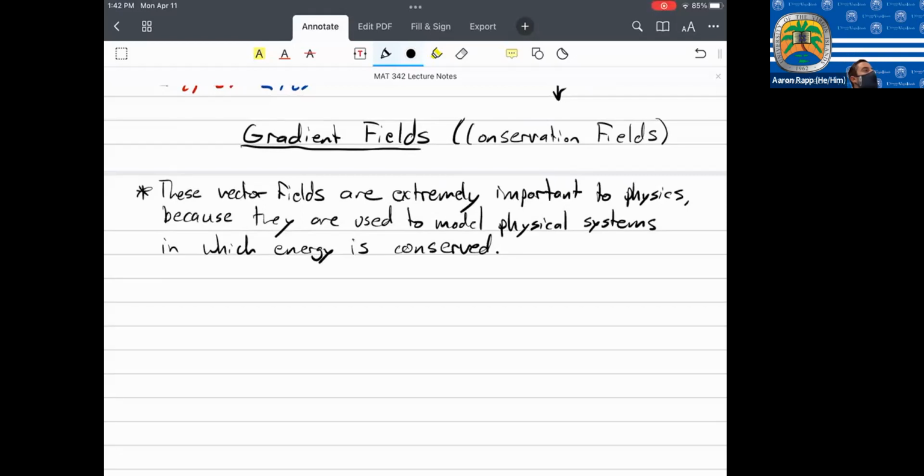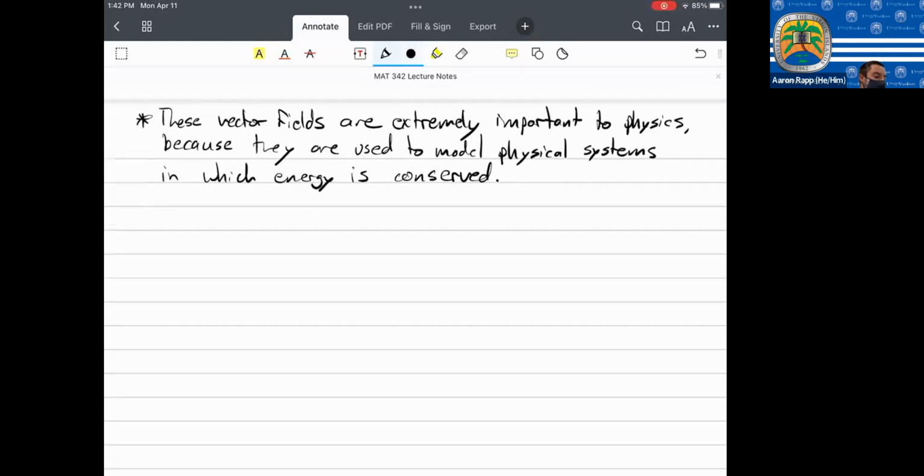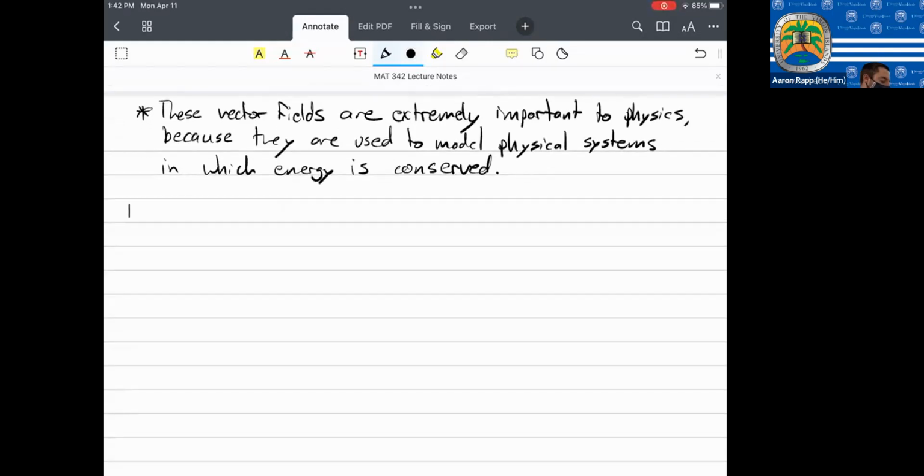And they're going to be called gradient fields because what calculus tool do you think we're going to use when grading these? The gradients, which is kind of your vector of all of your partial derivatives. So just a real quick recap.